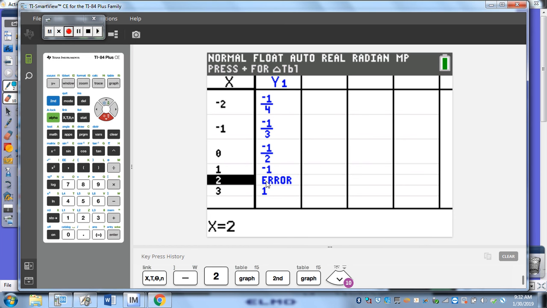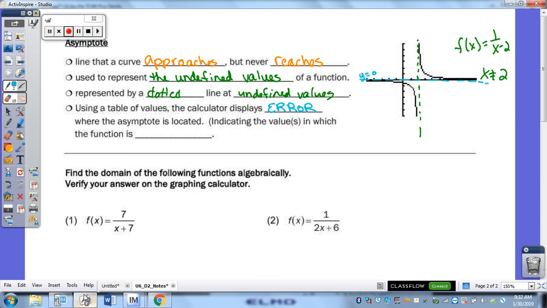Graph tells me it's got an error. Calculator tells me it's got an error because that's your undefined value. That's what it can't equal. So the calculator can kind of help you figure those ones out too a little bit. And so where the asymptote is located, indicating the values in which the function is undefined. So that error in the calculator helps you out with finding your undefined values.